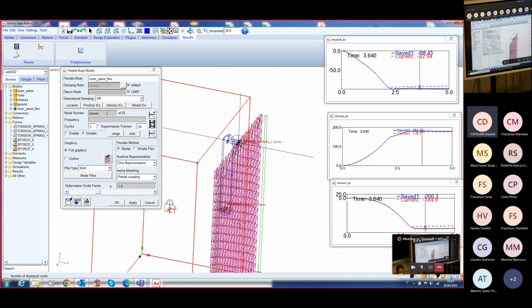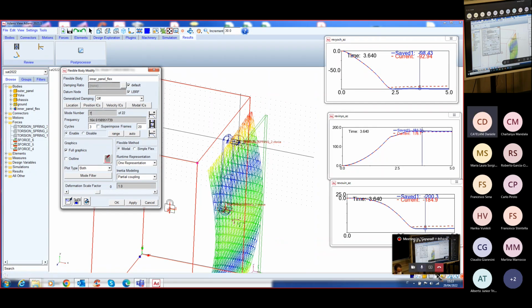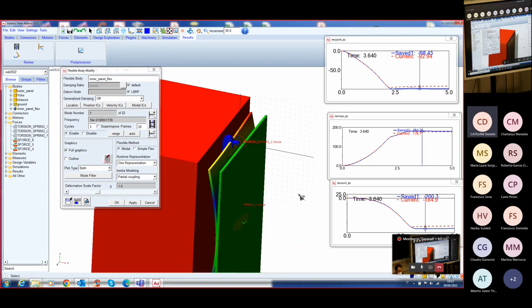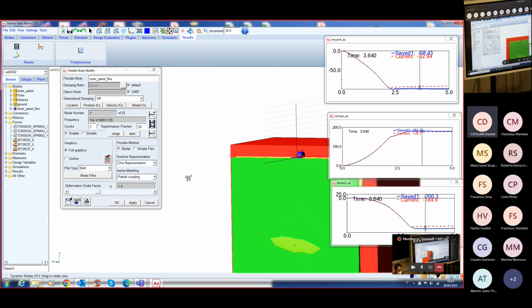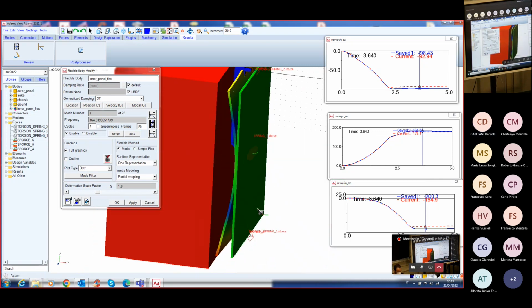Regarding the visualization, you can use this part of the dialog box. If you click 7, meaning the first flexible mode, enter, and you can appreciate the mode shape amplified. It is a mode shape representation. It is not a deformation. It is, you know, the modal analysis.